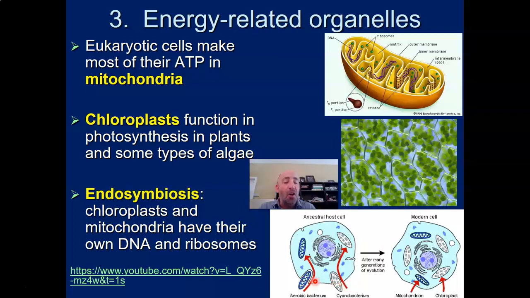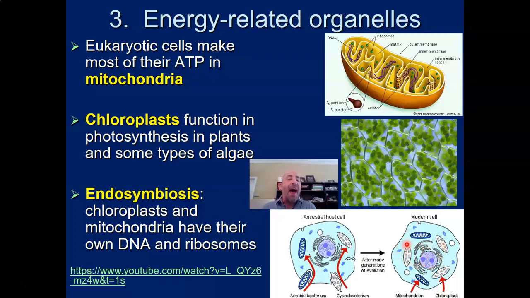They were prokaryotic organisms that got absorbed by a larger prokaryotic organism. And instead of being digested by that organism, it became part of it. So endo, in, symbiosis, working together. It's the idea that chloroplasts and mitochondria once lived on their own, got enveloped by a larger prokaryotic cell, and instead of being digested by it, became part of that cell.